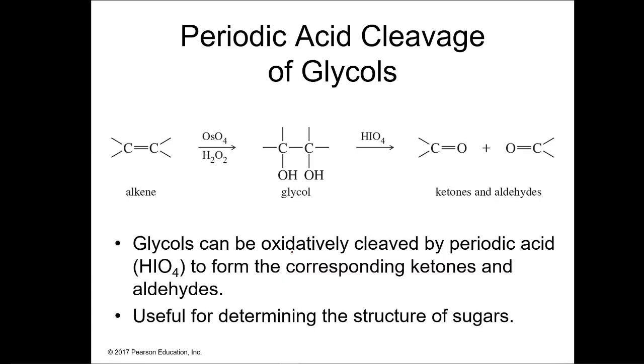to a ketone. Okay, periodic acid cleavage is you take an alkene, right? You form a glycol, a vicinal diol, and you treat it with periodic acid, HIO4, and you get ketones and aldehydes. Okay, so we can already cleave alkenes, but let's say you're starting with a vicinal diol, you can also do the same cleavage that way.